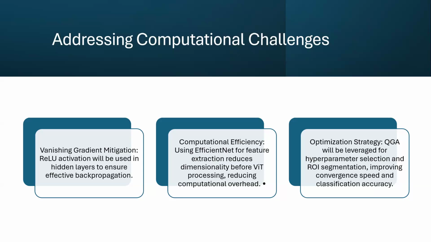We are using EfficientNet, as explained, for feature extraction, reducing the dimensionality before ViT processing and reducing computational overhead. Another thing is the optimization strategy: the quantum genetic algorithm will be leveraged for hyperparameter selection and region of interest segmentation, improving convergence speed and classification accuracy.